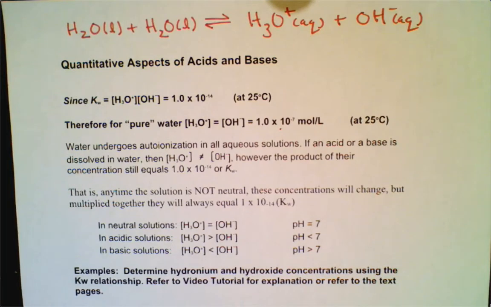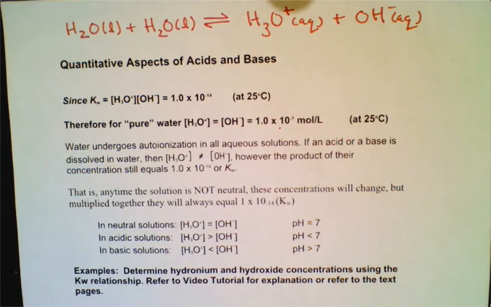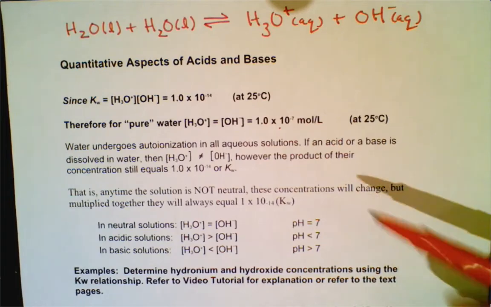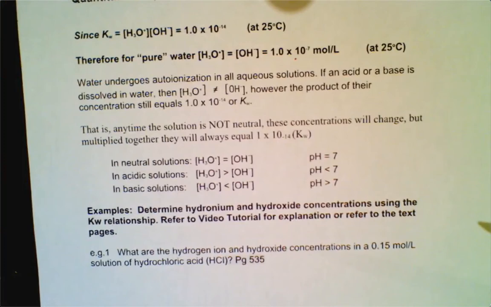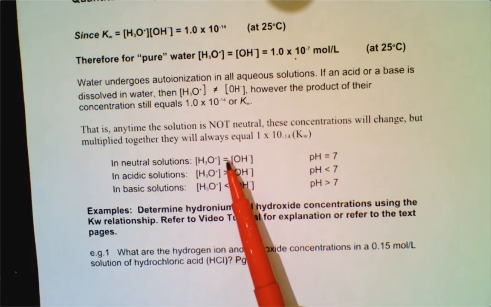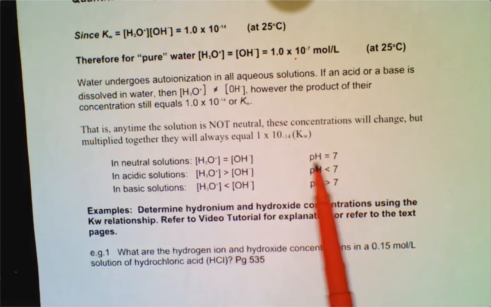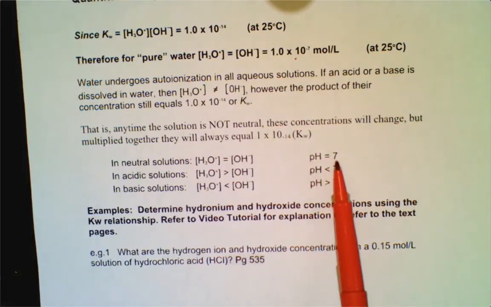We can use that information to aid in determining whether a particular solution is acidic or basic in nature. If we have these two ions in solution and they are equal, then we would have a neutral solution, something that has a pH of 7.